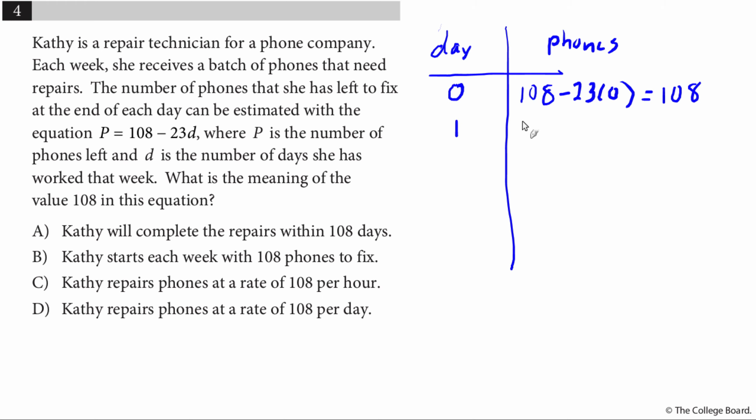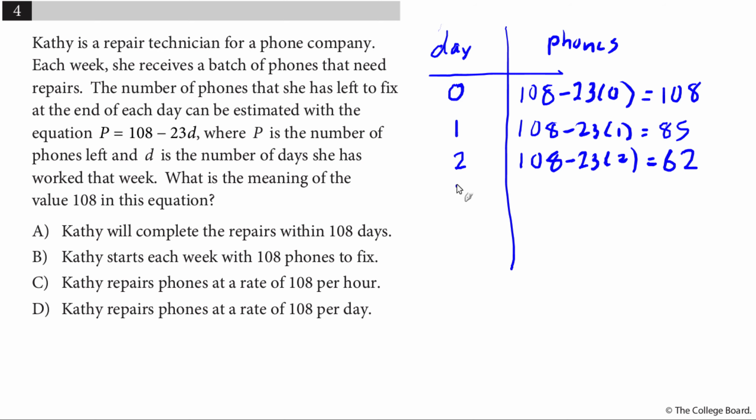After 1 day, she would have 108 minus 23 times 1, which is going to give her 85 phones. After 2 days, she would have 108 minus 23 times 2, which should give me 62 phones. And I'll put a little ellipsis here, so this pattern continues.